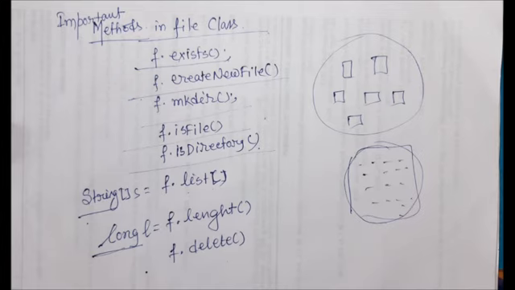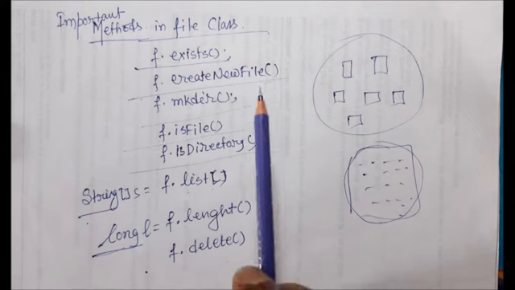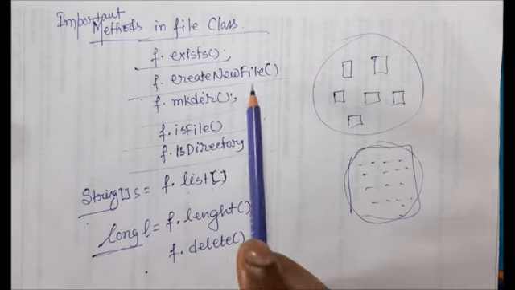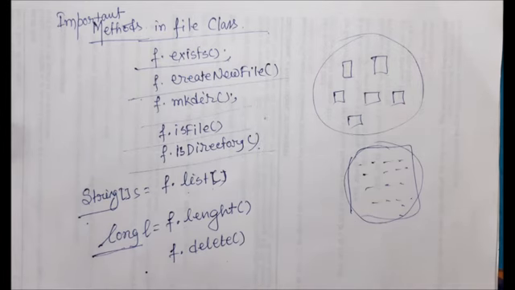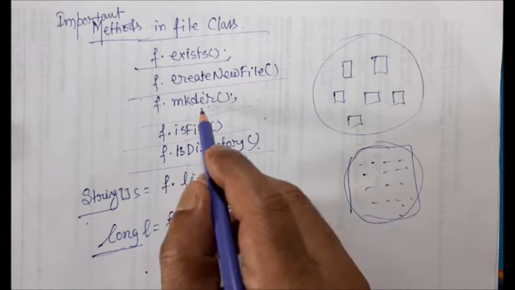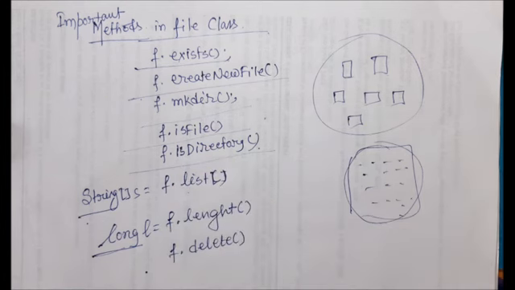So to create a file physically we have to use the createNewFile function on the file object, and if I want to create a directory we have to use the mkdir method, and we have several other methods related to file.